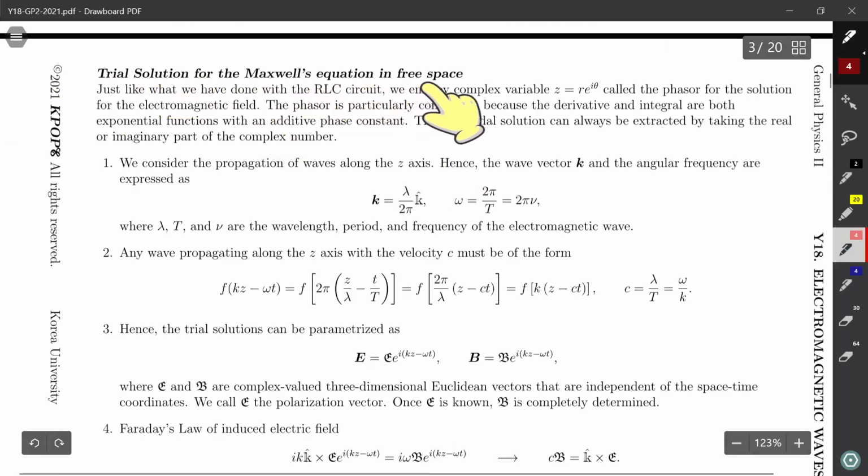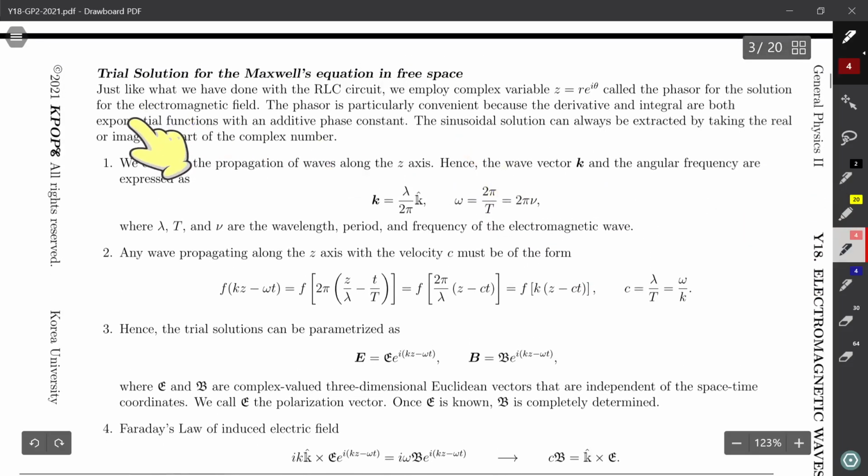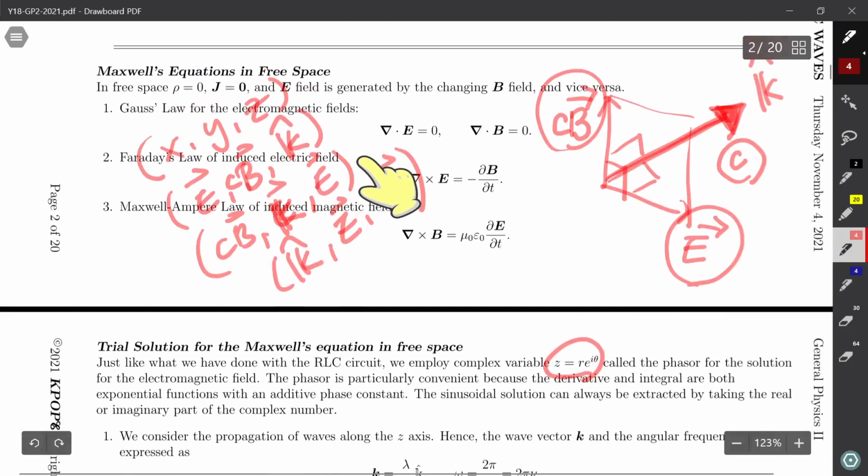Try a solution for Maxwell's equations in free space. Let us review what we have done. Just like with the RLC circuit, we employed complex variable phasor analysis for the solution for the electromagnetic field. The reason is that the coefficients, such as 1 over c squared, are all real.